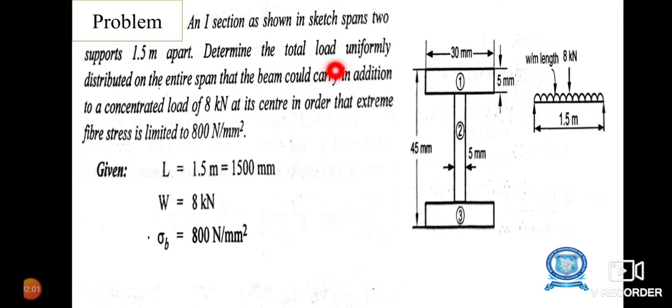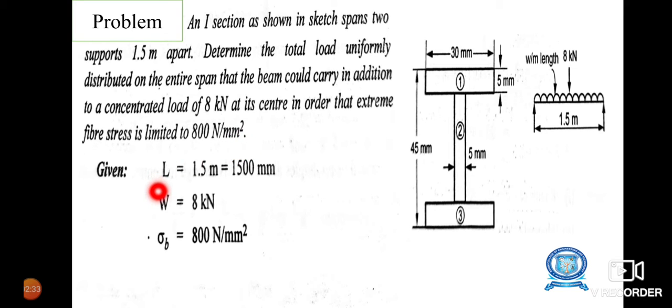Determine the total load uniformly distributed on the entire span that the beam could carry in addition to a concentrated load of 8 kilonewtons. The concentrated load, that means the point load of 8 kilonewton, will be applied at the center, in order that the extreme fiber stress is limited to 800 newton per millimeter square.